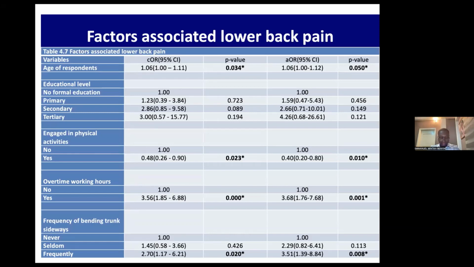And workers with awkward posture had a risk about 2.7 times higher of developing low back pain as compared to those who do not, with a crude odds ratio of 2.70, p-value of 0.020, and adjusted odds ratio of 3.51 and a p-value of 0.08.